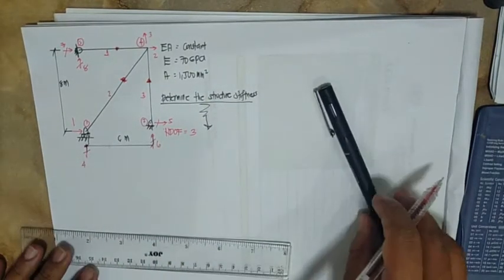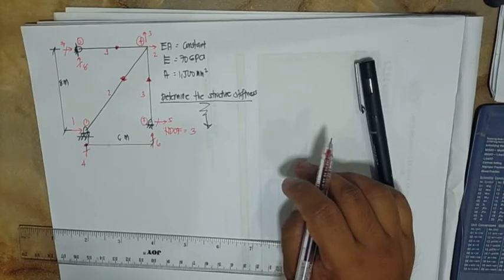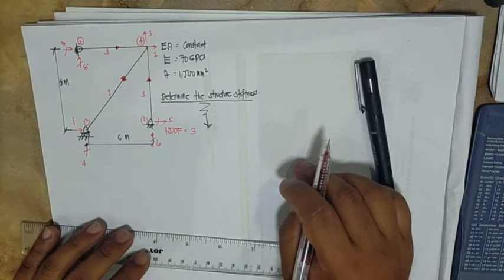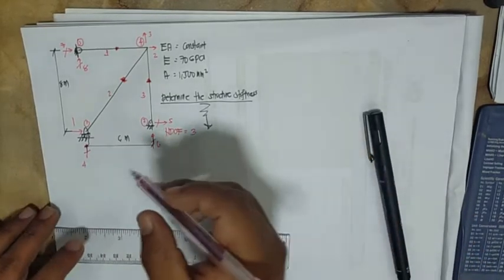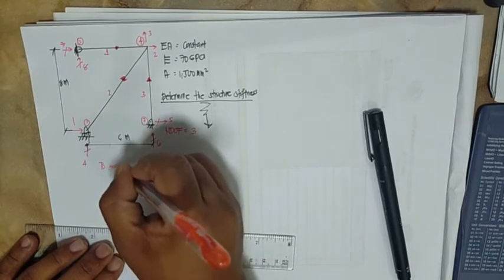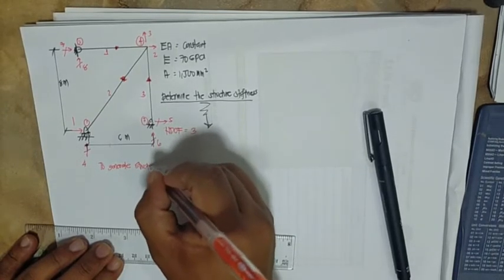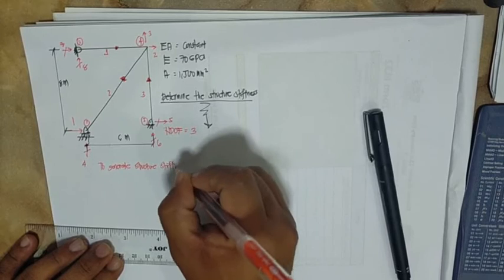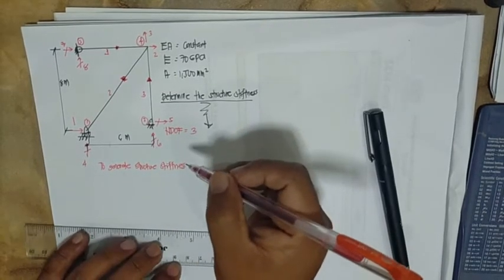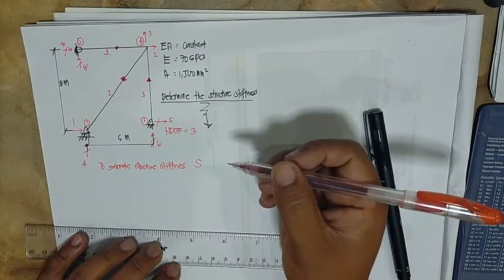Okay, so after you are done with this one, you can now create the member stiffness. Okay, so the structure stiffness, to generate structure stiffness, which is represented by S, we will determine for each member the global stiffness.